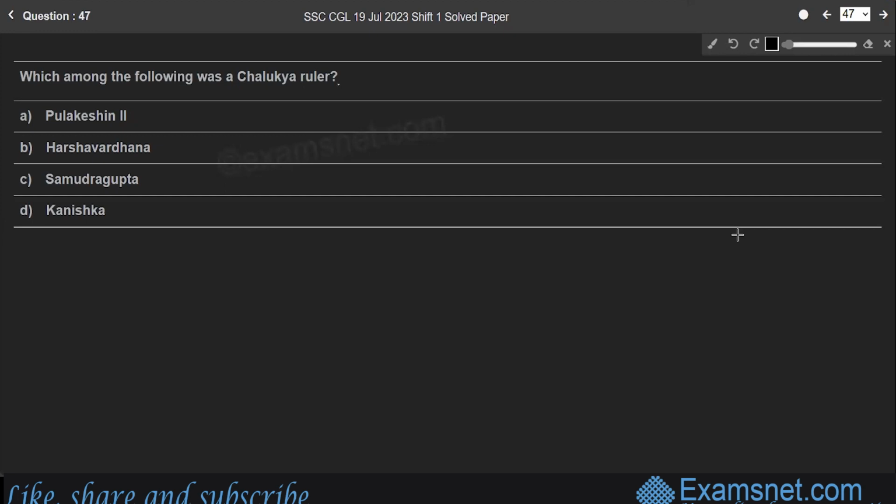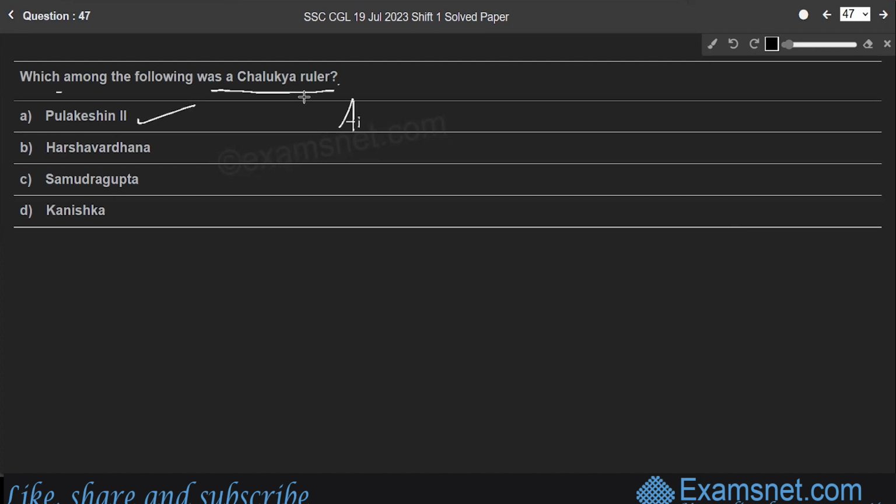Question 47. Which among the following was a Chalukya ruler? Here, students, the Chalukya ruler was Pulakeshin II, option A. The kingdom of the Chalukyas was centered around the Raichur Doab, between the rivers Krishna and Tungabhadra. Aihole, the capital of the Chalukyas, was an important trading center.